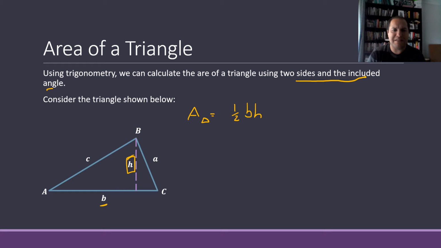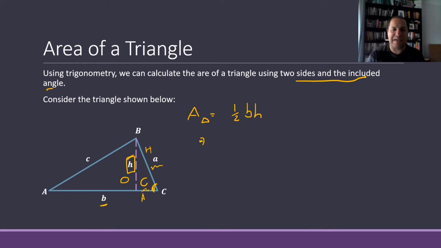Now by considering this angle here, capital C, we can express h in terms of our angle C and our side a. So that side's our hypotenuse, that's our adjacent, that's our opposite.